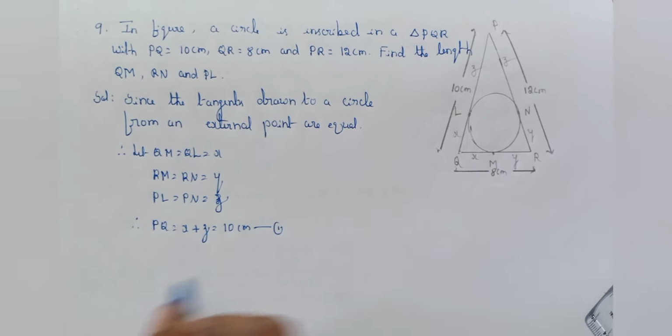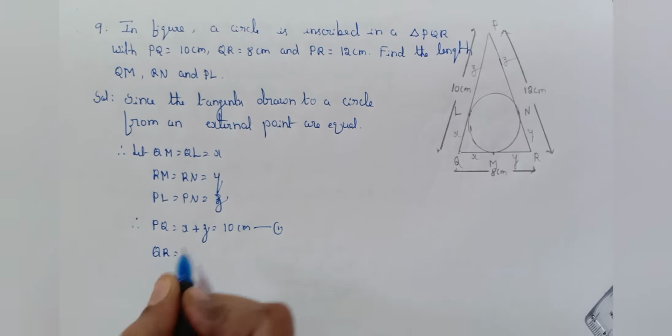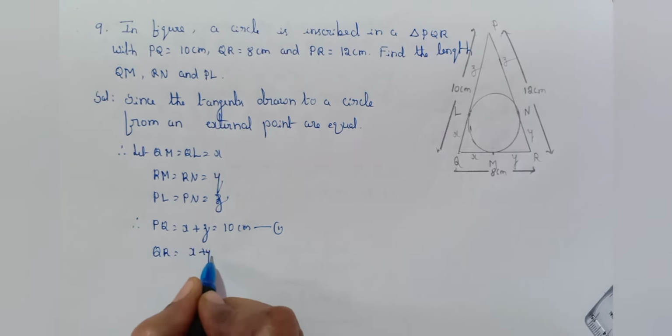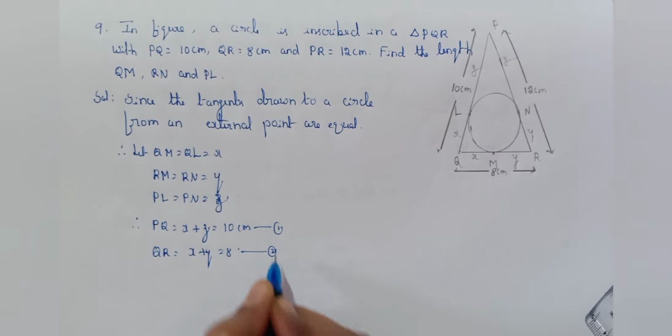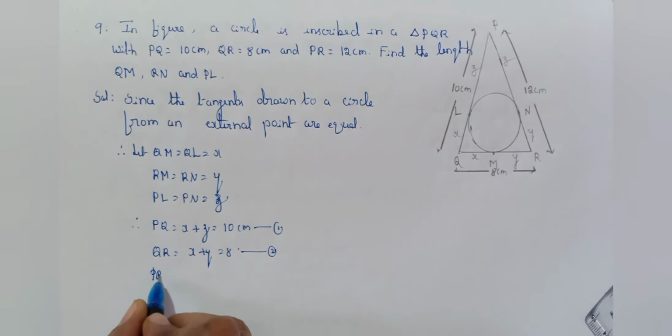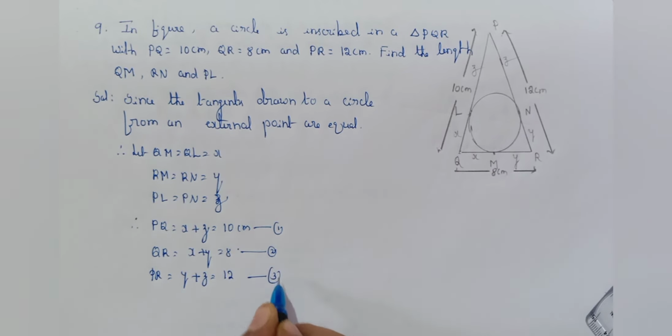Consider this as equation 1. And QR is equal to x plus y equals 8 centimeter. Consider this as equation 2. And PR is equal to y plus z is equal to 12. Consider this as equation 3.